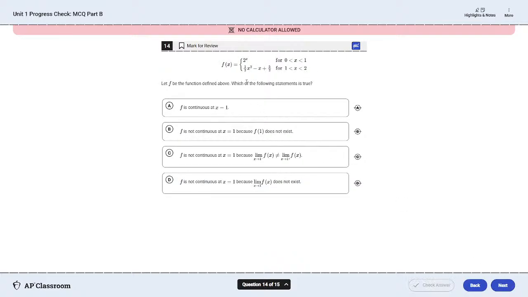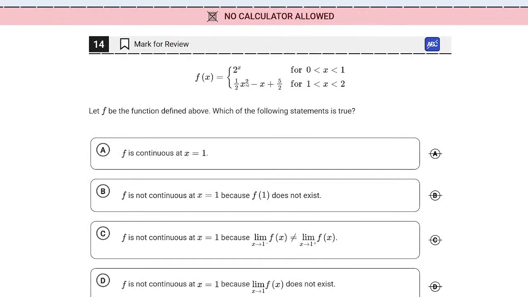Alright, let's look at 14. Which of the following statements is true? Alright, so, oh, we're approaching 1, so if it's less than 1, this is the left side right here, and this is the right side.